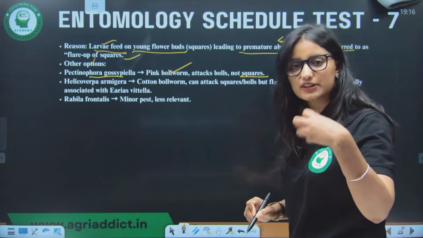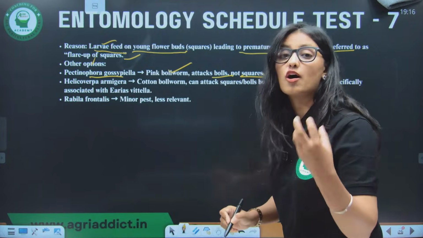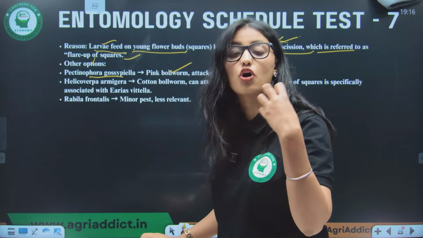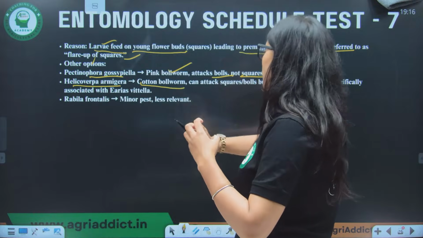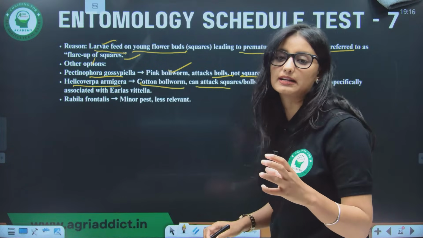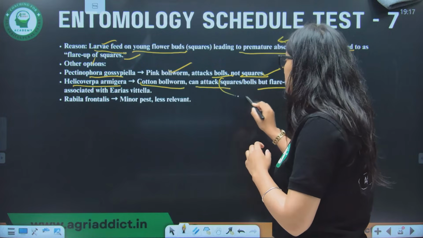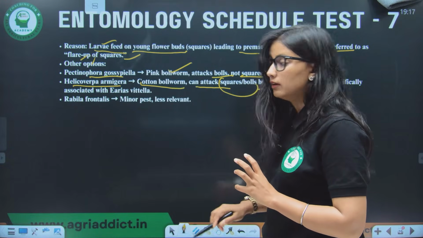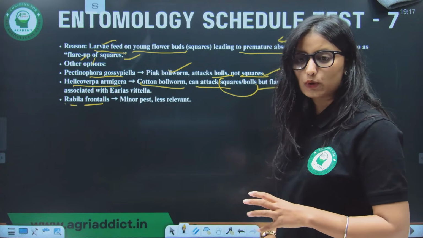Squares are immature balls, and balls are the mature ones. So Pectinophora gossypiella attacks the mature balls. And what about Helicoverpa armigera? This is cotton bollworm. It can attack squares and balls, but flare up of squares is not its typical symptom. It also attacks squares and balls, but it does not flare them up. Next is Rabilla frontalis. This is a minor pest of cotton.